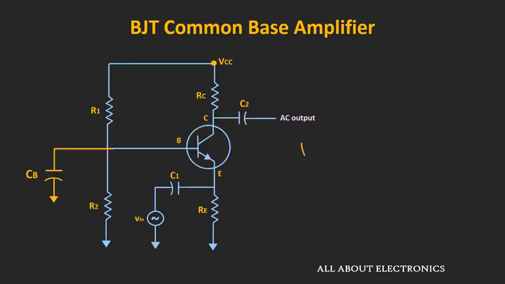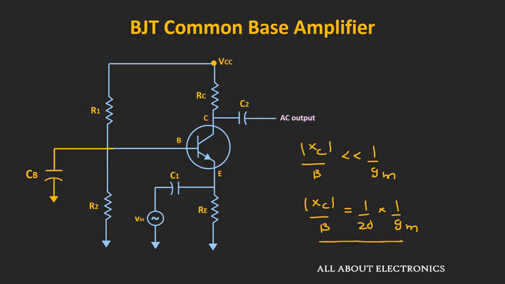Or in this case, the reactance divided by beta should be much less than 1 over Gm. So practically, this Xc divided by beta should be at least 1 by 20 times 1 over Gm. So if this condition gets satisfied, then we can assume that at the operating frequency, this capacitor acts as a short circuit. So while selecting the value of the capacitor, this criteria should be kept in mind.